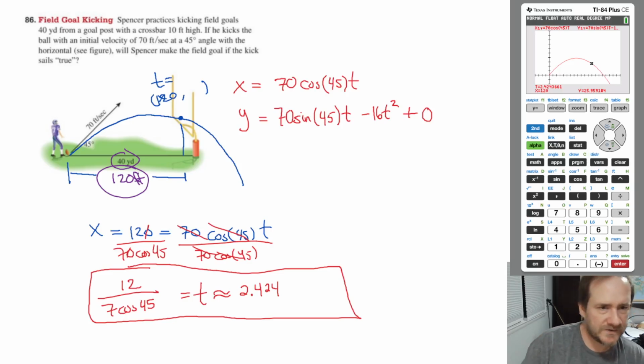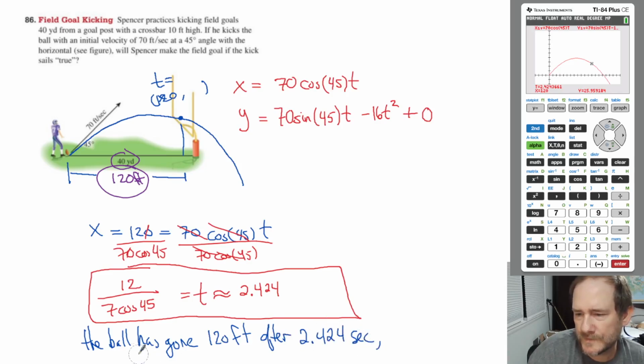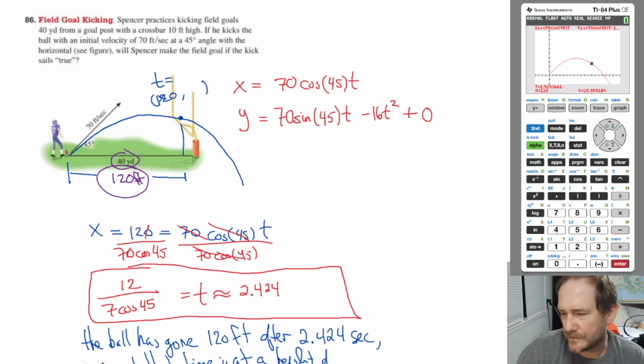So make sure that your answer to me brings all that together. Make sure you mention the x, the y, and the time. So you'd say something like, the ball has gone 120 feet after 2.424 seconds, and at that time is at a height of, whatever it said, 25.959.